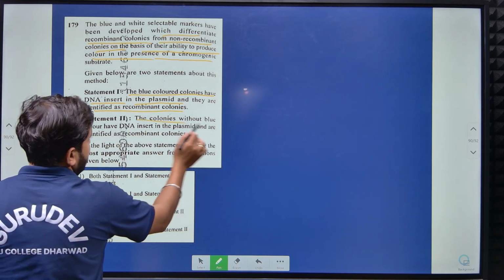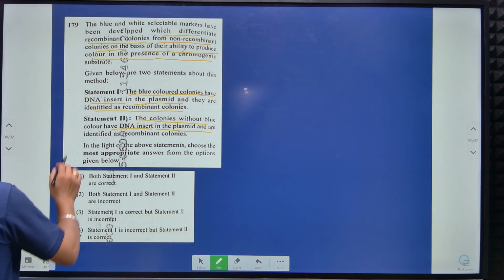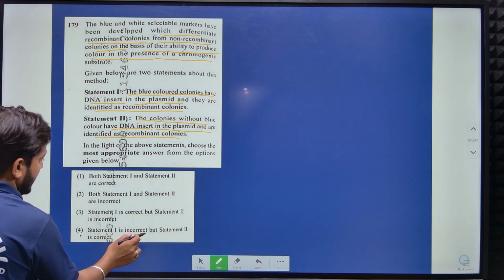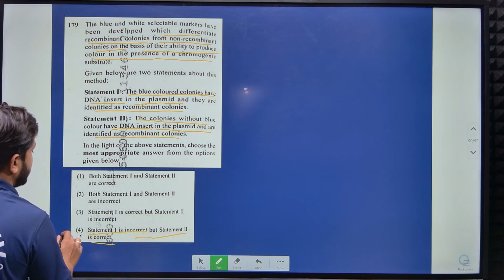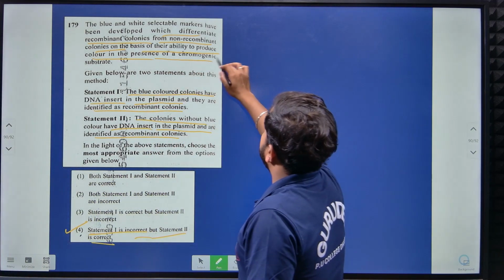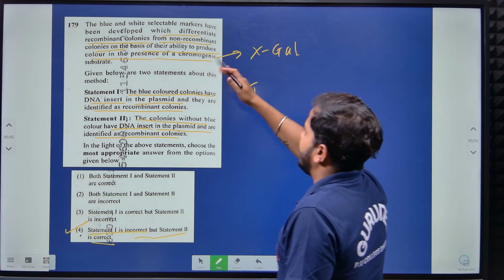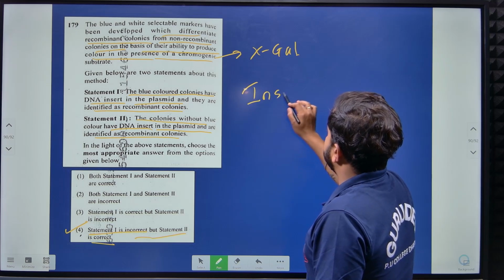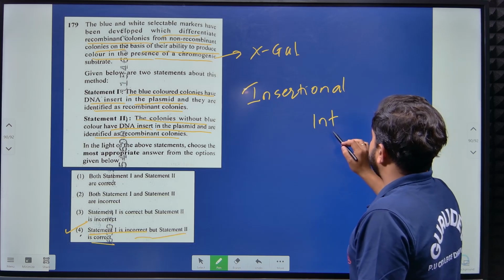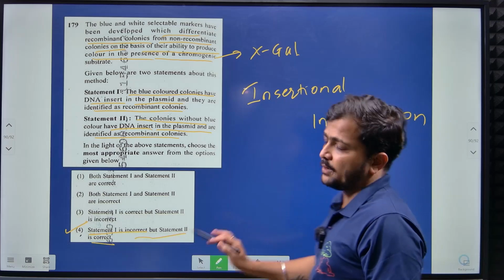Statement 2 says the colonies without blue color have the DNA insert in the plasmid and are identified as recombinant colonies. So statement 1 is incorrect but statement 2 is correct, right? This is related to the chromogenic substrate X-gal, and the technique is insertional inactivation. We already discussed insertional inactivation in a previous question. So option 4 is correct.